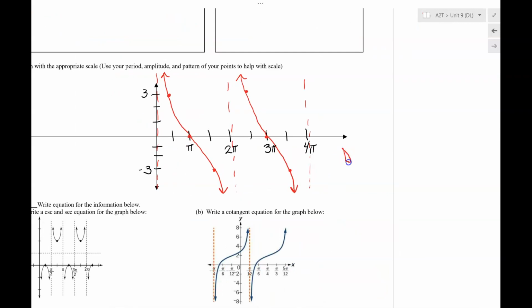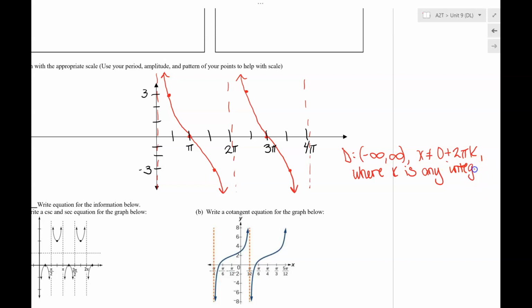That doesn't change. So the domain is going to be negative infinity to positive infinity, where x cannot equal 0 again, plus the period times k, where k is any integer. Remember that it's the location of an asymptote plus the period times k.